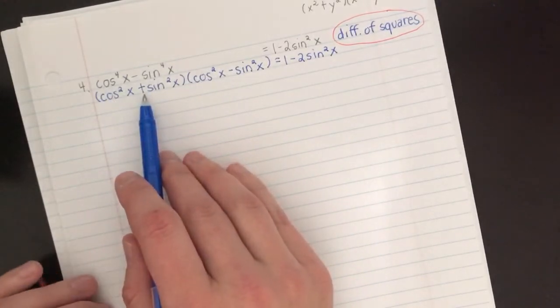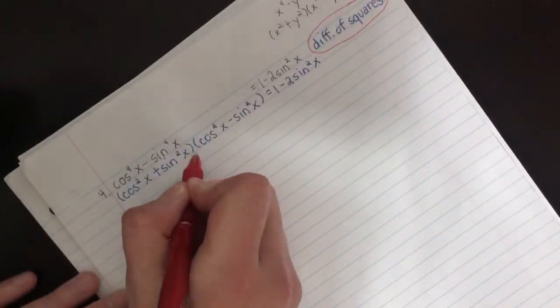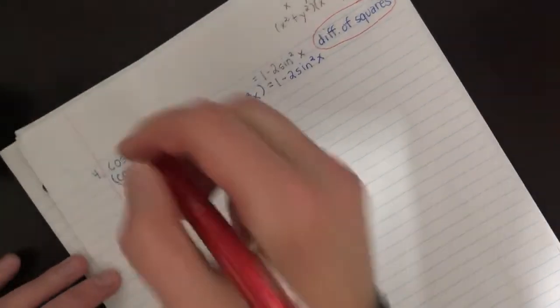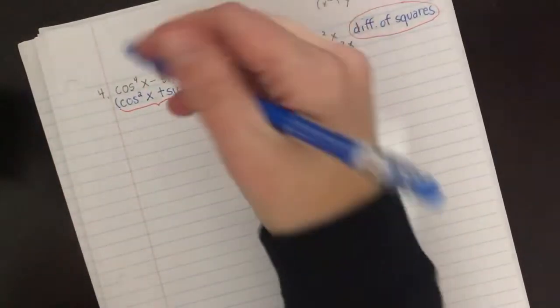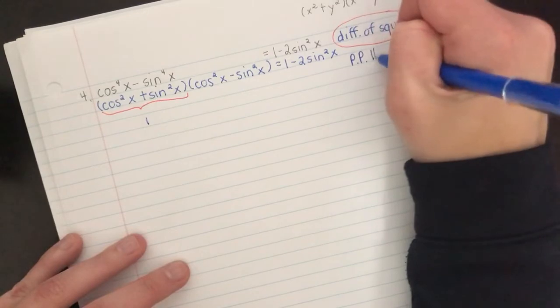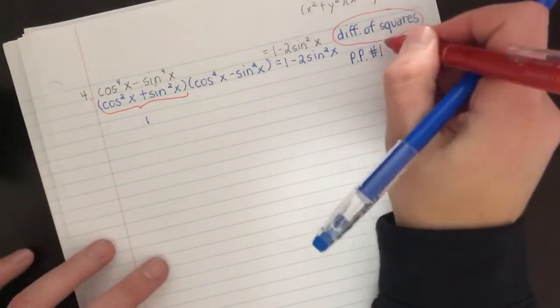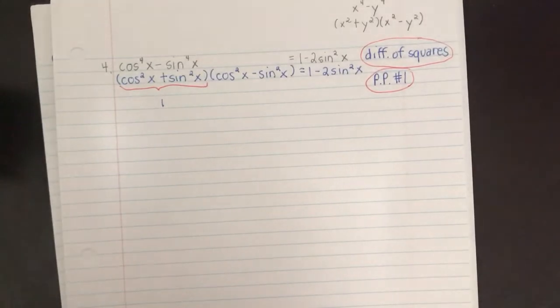And then this, cosine squared x plus sine squared x, this is a Pythagorean property. So Pythagorean property number 1 is that cosine squared x plus sine squared x equals 1.